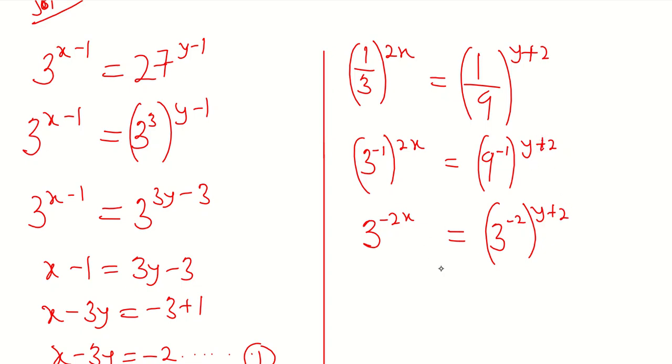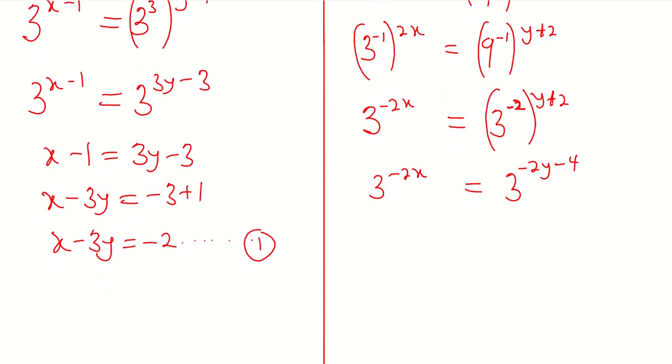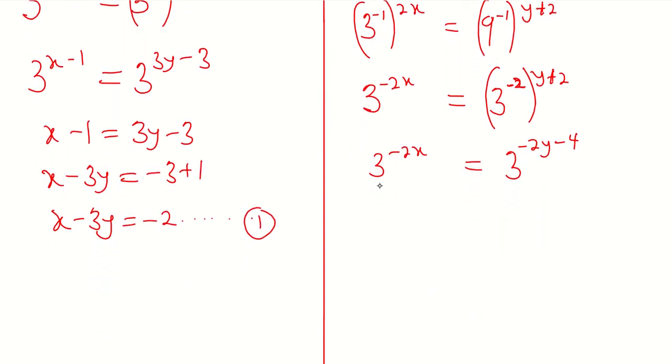When we simplify the right hand side, we have 3 exponent minus 2y minus 4. We maintain the same value on the left hand side, 3 exponent minus 2x. Now we can see that the bases are the same, and we can equate the exponents, which means minus 2x is equal to minus 2y minus 4.